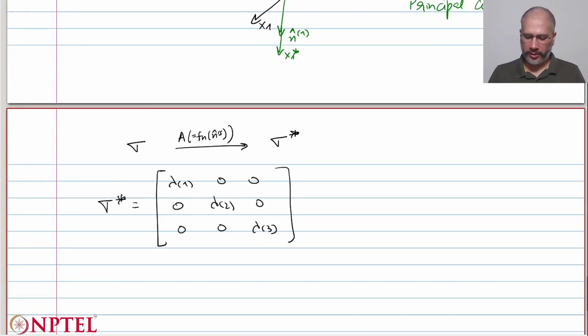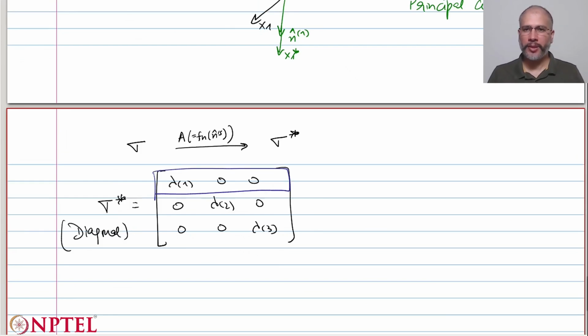So sigma star is a diagonal matrix with the 3 diagonal components as lambda 1, lambda 2 and lambda 3. And if I look at the first row, you may recall that this is nothing but the traction vector on the e1 hat direction, except that in this case we are working in the P x1 star, x2 star and x3 star coordinate system.